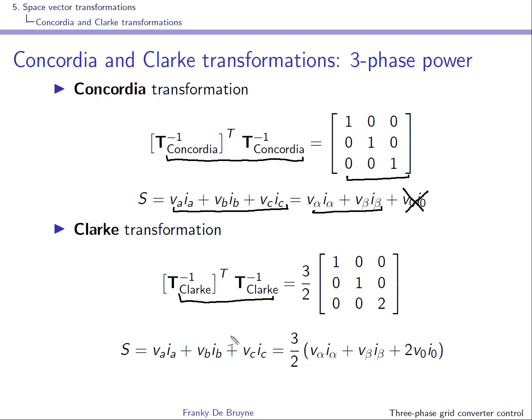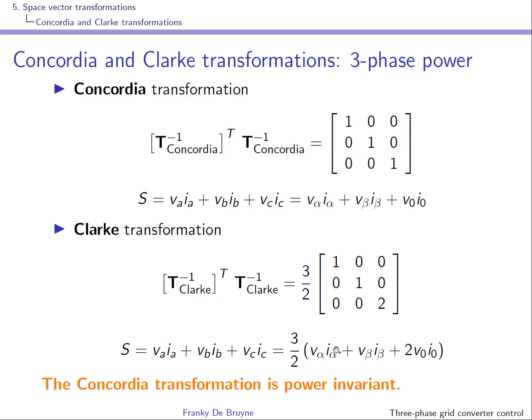For the Clarke transformation, the relation is a little more complicated. If we assume that our system is balanced, you can see that the power using the Clarke transformation is not preserved. So we conclude that the Concordia transformation is power invariant, and we had seen that the Clarke transformation is amplitude invariant.